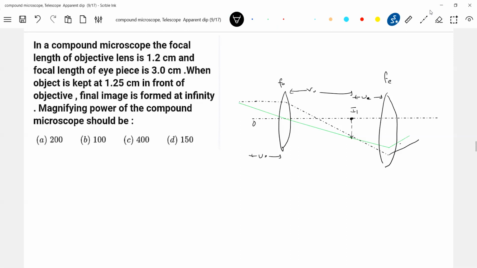The object is here. So these rays are parallel, you can see it.